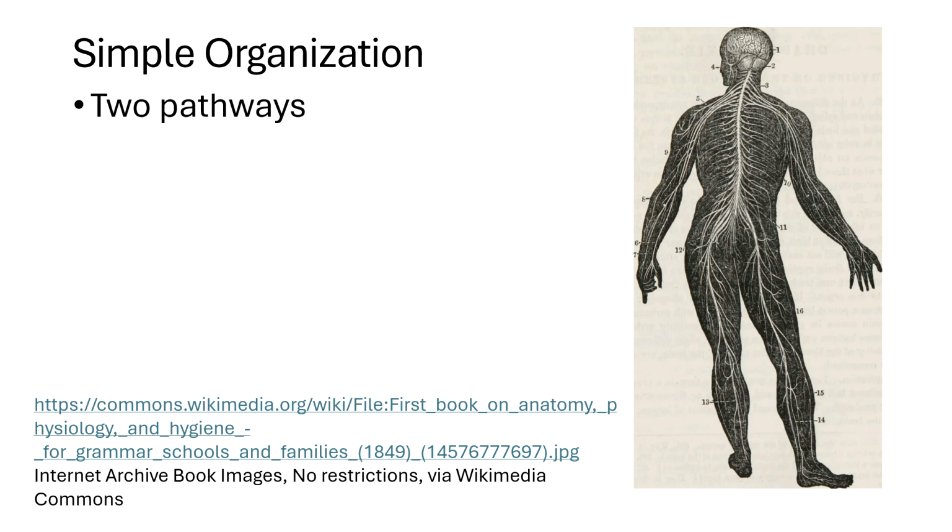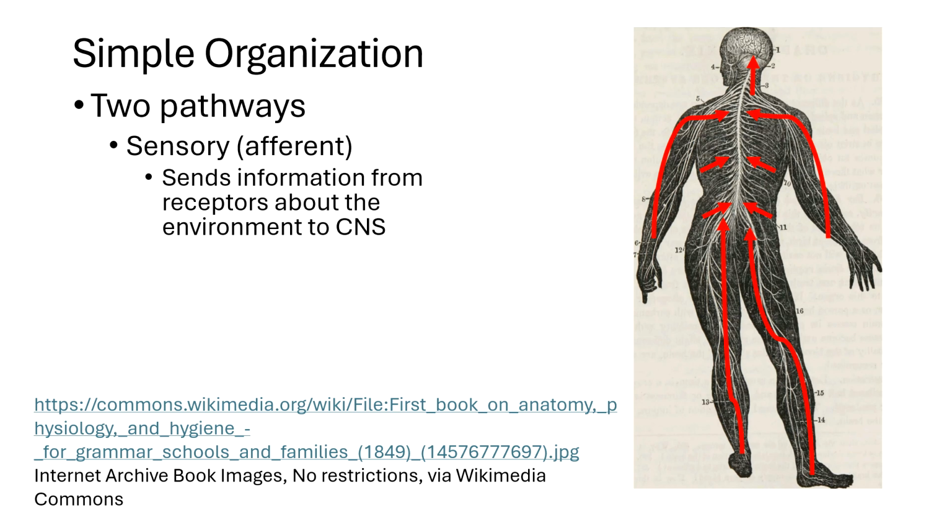One of the pathways is the sensory pathway, or you may hear it called the afferent pathway because it sends information about what is affecting the body. And it sends information from the receptors about the environment you are in to your brain and spinal cord.